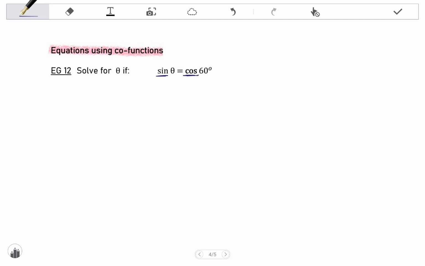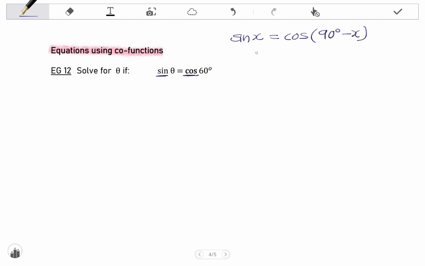So we need a fourth method of solving this, and that is using the fact that sine and cosine are co-functions. Just remember that if we have sine x, that is equal to cosine of the complement of that angle.